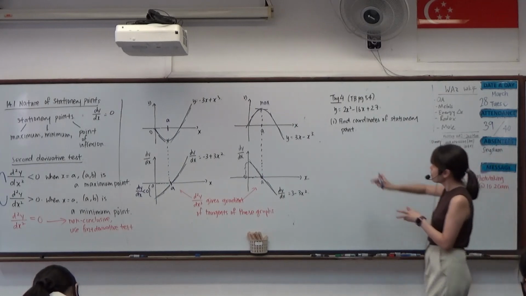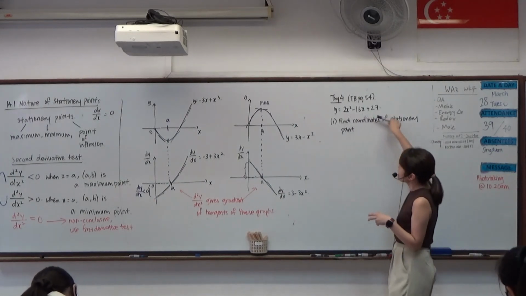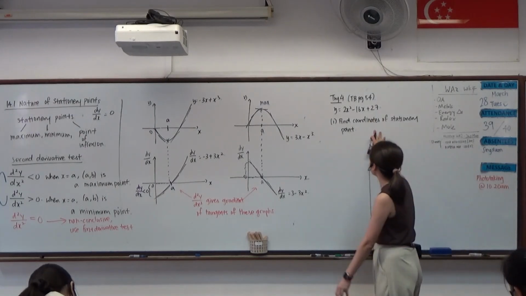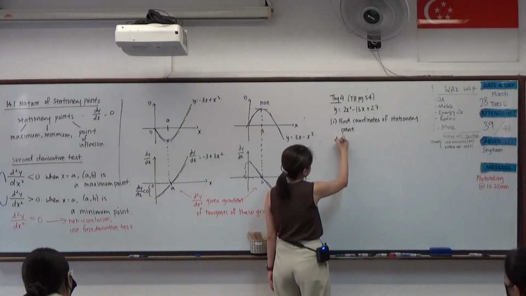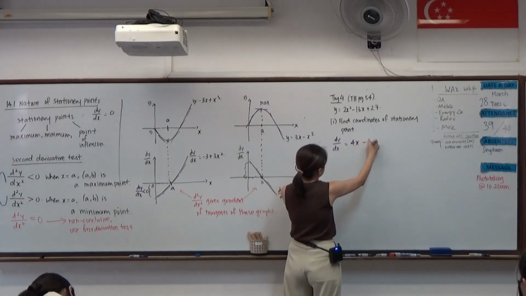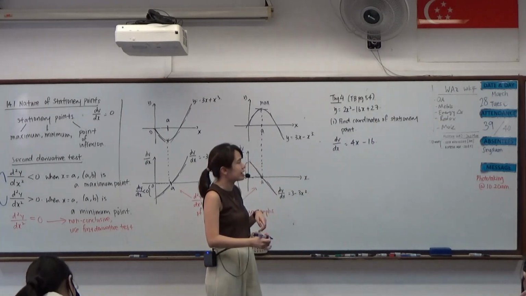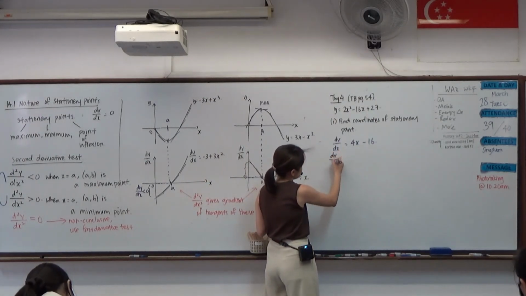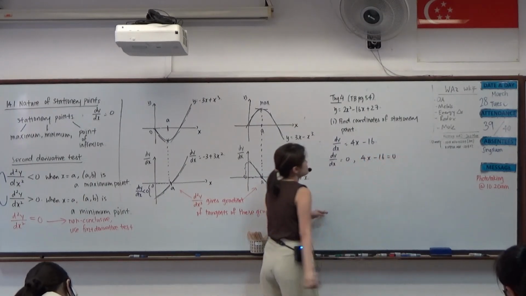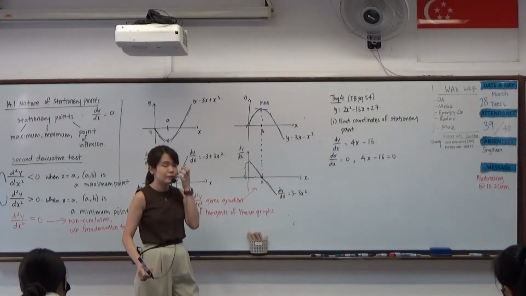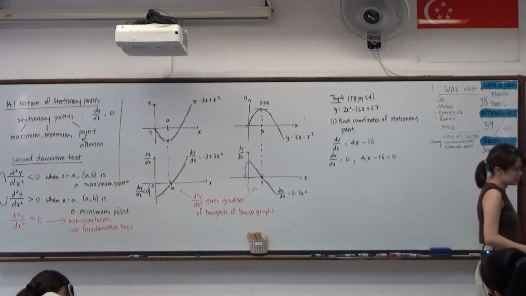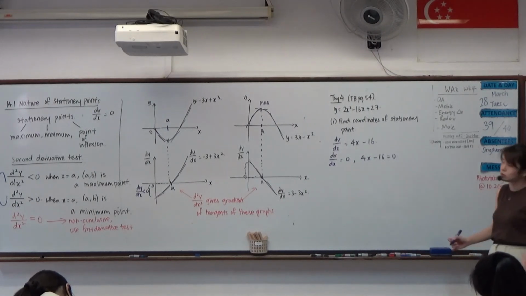So looking at try 4, we are given y equals 2x squared minus 16x plus 27. We want to find the coordinates of the stationary point. So we first find dy over dx, and that will be 4x minus 16. Since you're looking for a stationary point, your first derivative must be equal to 0. So 4x minus 16 equals 0, and we find that x equals 4.